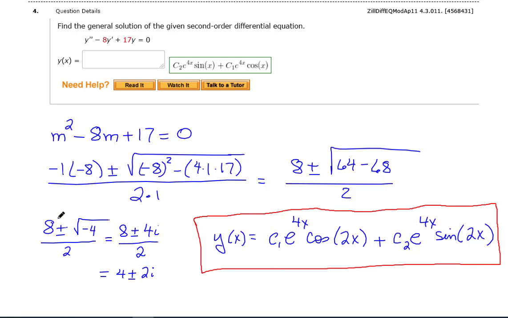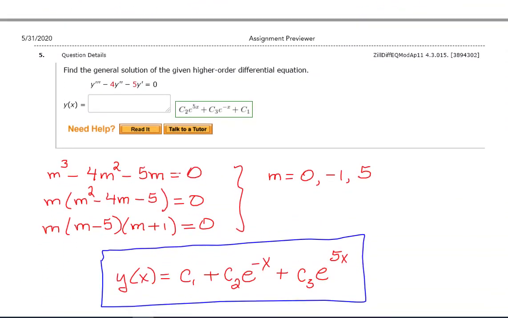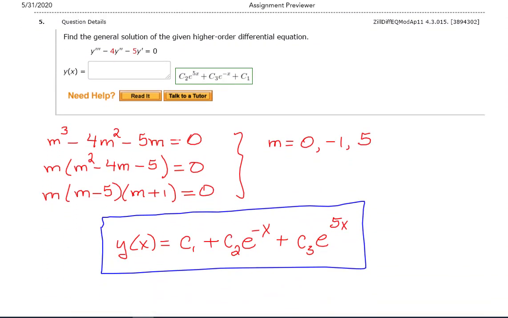And so cleaning all that up, I get 8 plus or minus 4i over 2, which you can reduce to 4 plus or minus 2i. So the 4 is the exponent on the e, and the 2 then becomes cosine 2x and a sine of 2x.